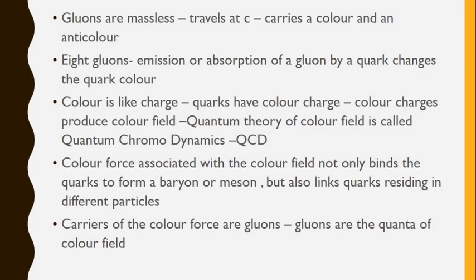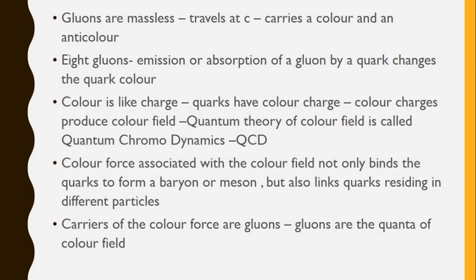What happens is that gluons are continuously emitted as well as absorbed by the two quarks, between any two quarks. So 8 gluons are there. The emission or absorption of a gluon by a quark changes the quark color.